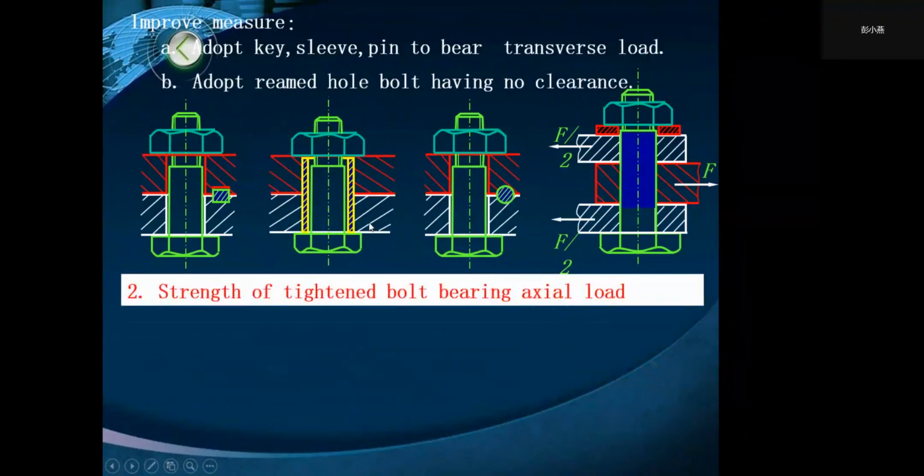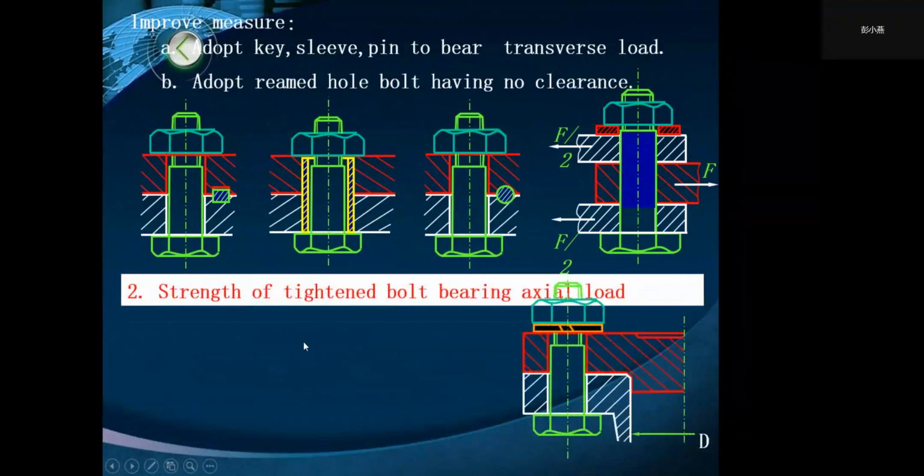Okay, and for the second case, the tightened bolt bearing axial load. For example, the bolts on pressure vessels.